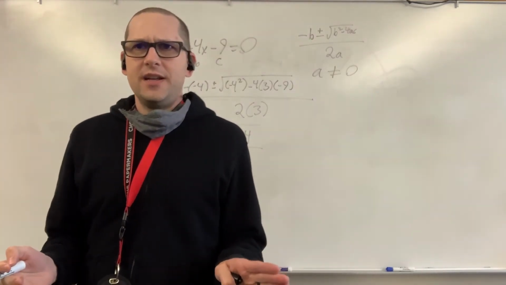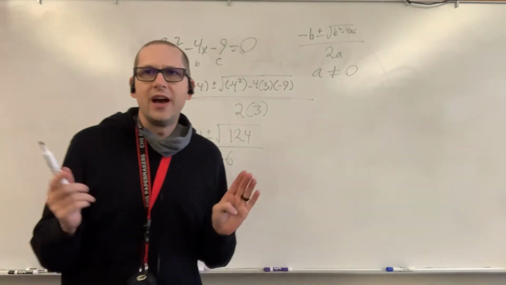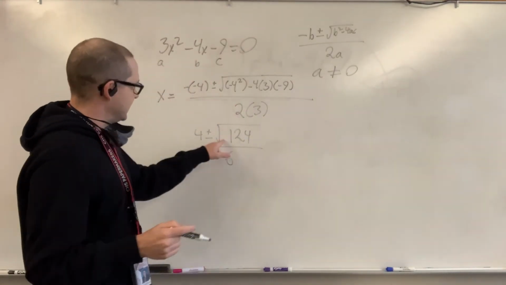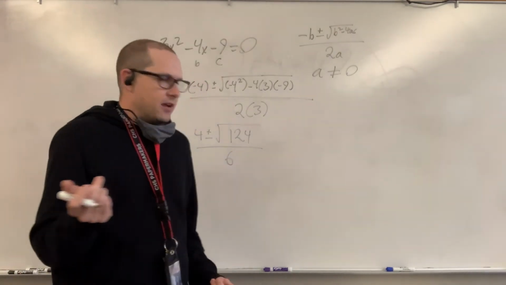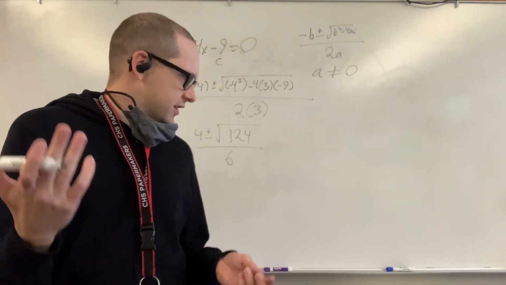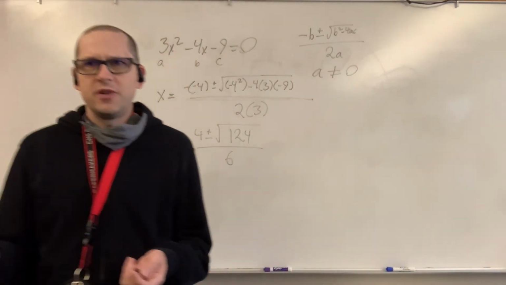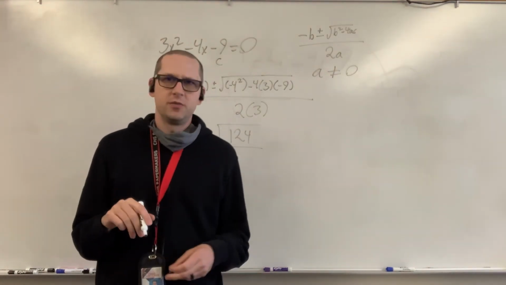Remember yesterday's assignment? We were simplifying radicals. Now you know why we're simplifying radicals, because this is a radical that can be simplified. The first thing you're going to do is check, is 124 a perfect square? Is there a number that multiplied by itself equals 124?